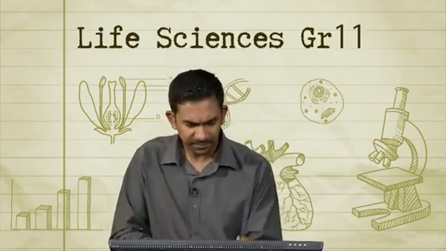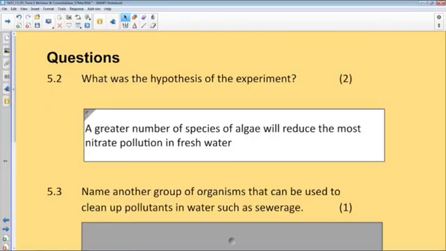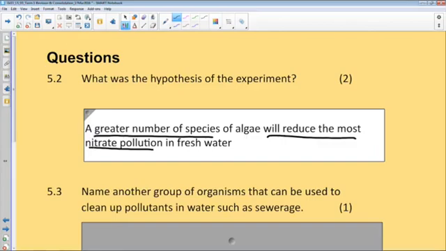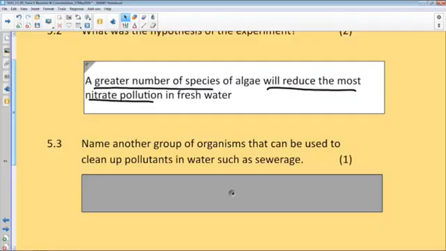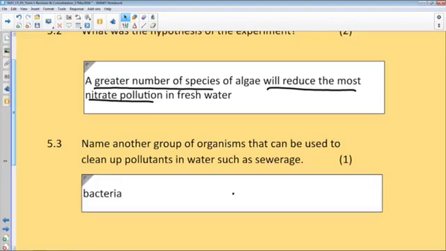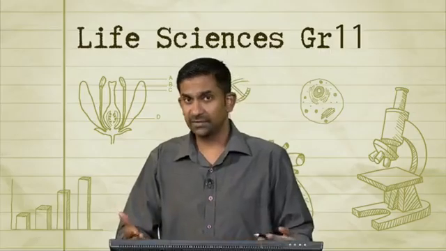So in this case, the hypothesis would be a greater number of species of algae will reduce most of the pollution of nitrates in fresh water. Let's look at 5.3. Name another group of organisms that can be used to clean up pollutants in water, such as sewage. So guys, we know that bacteria can be used in bioremediation, so they're quite useful that way.